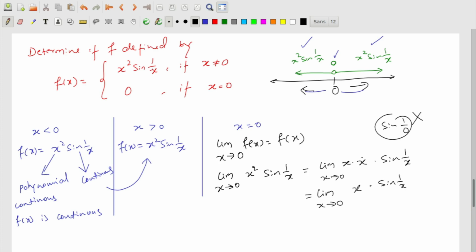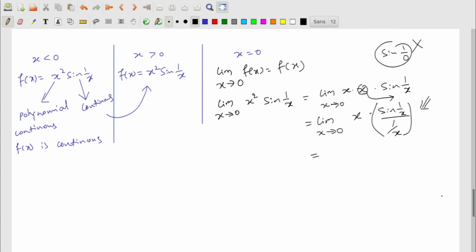Now I will take this x and bring it to the denominator. I can write it as 1 by x, right? If you take it to the denominator, this x will become 1 by x. So this step is important, right? I took this x in the denominator, then we got 1 by x.